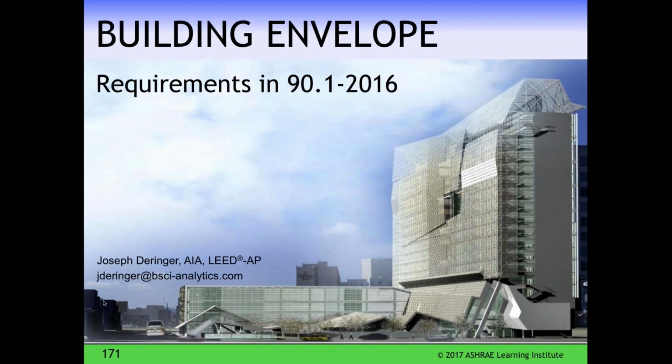Okay, building envelope requirements in 90.1 2016. I'm mindful as I'm presenting this that from what I can tell, virtually every one of the attendees of this particular course is a consulting engineer or similar, and we don't have half the room filled with architects.